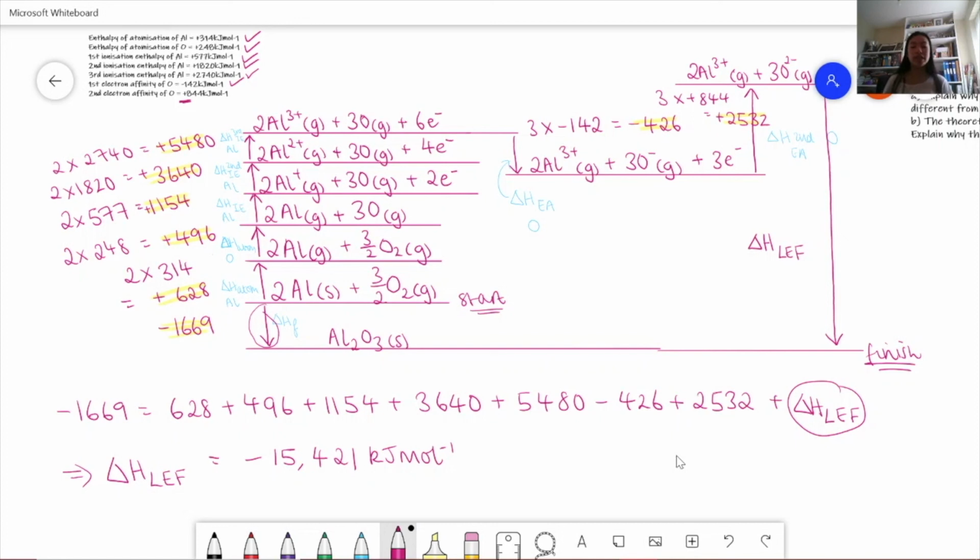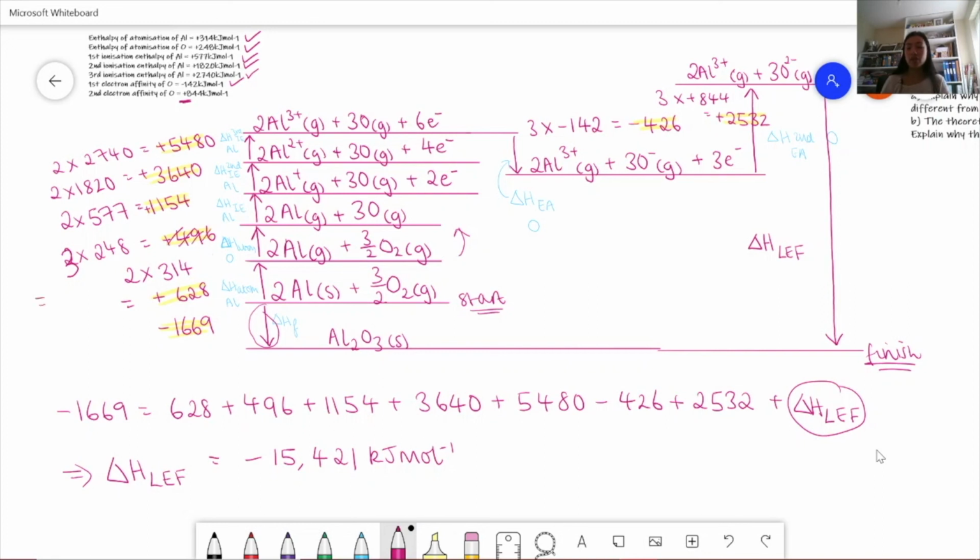Now, the lattice enthalpy of formation, or any enthalpy of formation, will always be negative. So if you've got a positive figure, then you might have done something wrong along the way, and you should check everything. Actually, checking it again, this stage where we've converted the 3.5 oxygens to 3 oxygen gaseous atoms, this value is supposed to be 3 times 248, and so it's not 496.